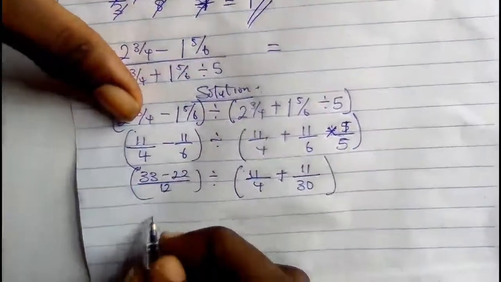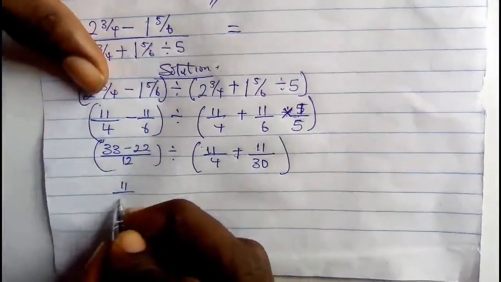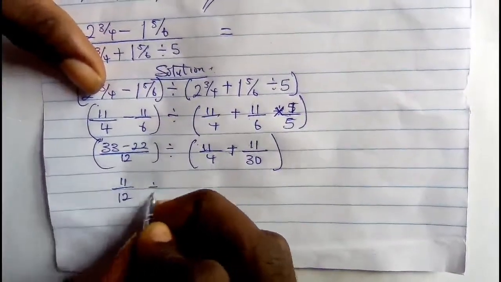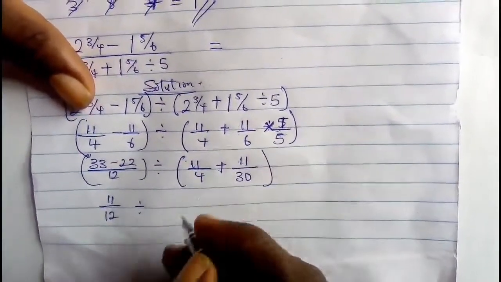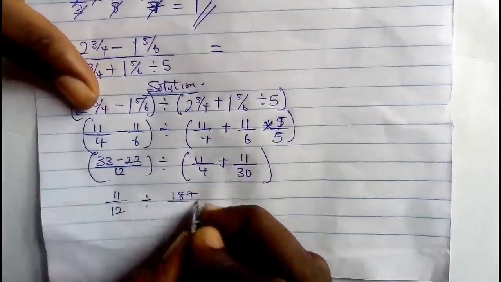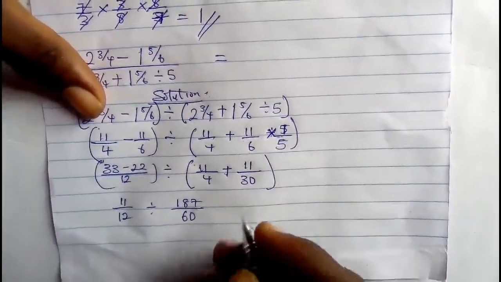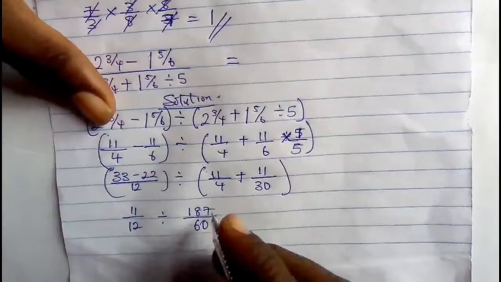Then if you subtract them, it gives you 11 all over 12, divided by. If you do the LCM, because of space, I'll just write 187 all over 60. If you think it's not correct, just try it. It's very easy.